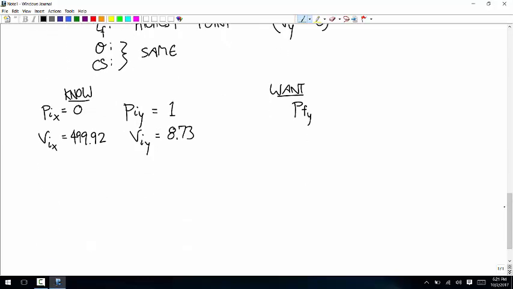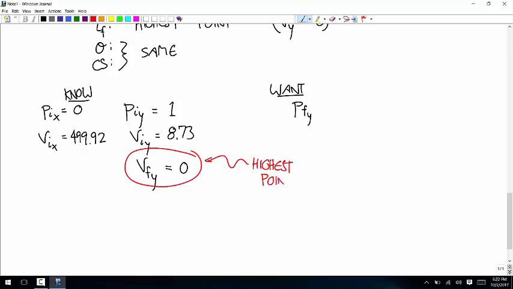Do we know anything about the final velocity? Yes. VFY is equal to 0. So that's how we're specifying the highest point. And then the acceleration is still free fall.